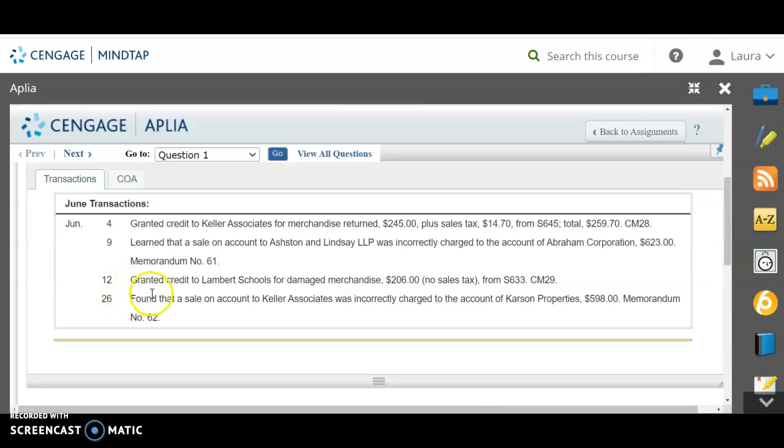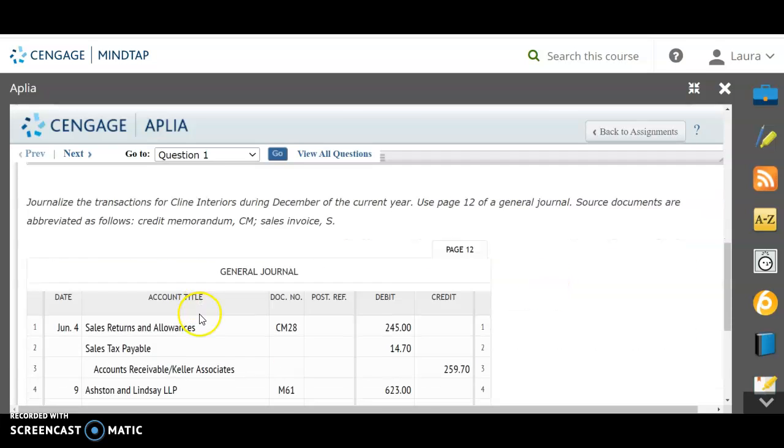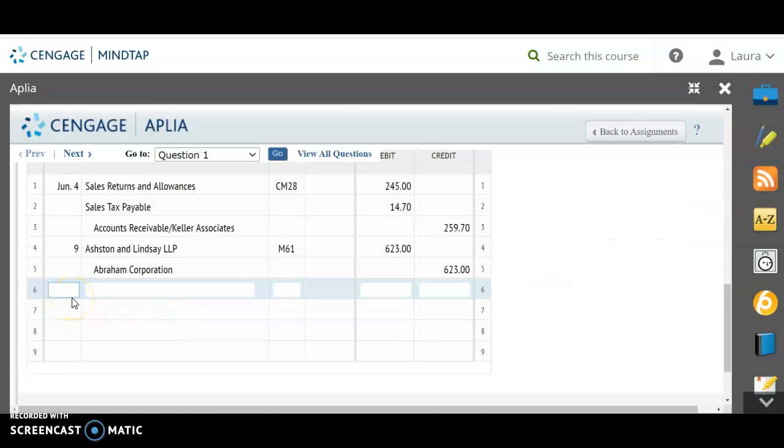The next transaction on the 12th: granted credit to Lambert Schools for some damaged merchandise of $206. There's no sales tax. CM29. So for that one, we're going to have the 12th, the sales returns and allowance, and it was CM29, and the amount was $206.